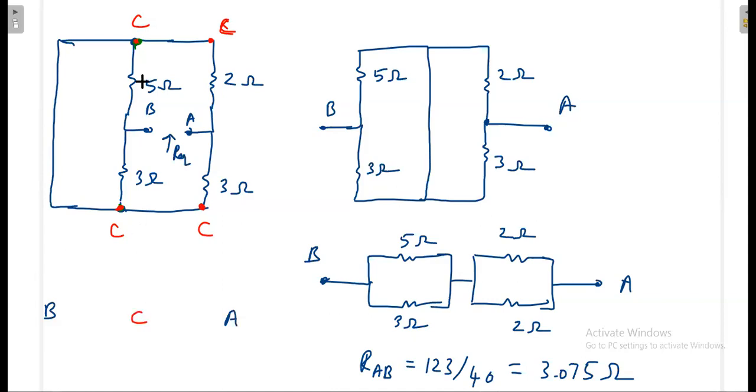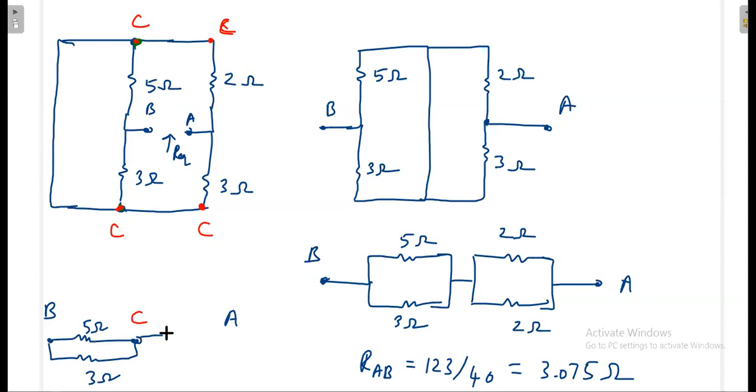One by one, this 5 ohm resistance is going from B to C. Now I will put one resistance from B to C, and this resistance is also going from B to C, so 3 ohms. This resistance is going from A to C, that is 2 ohm.